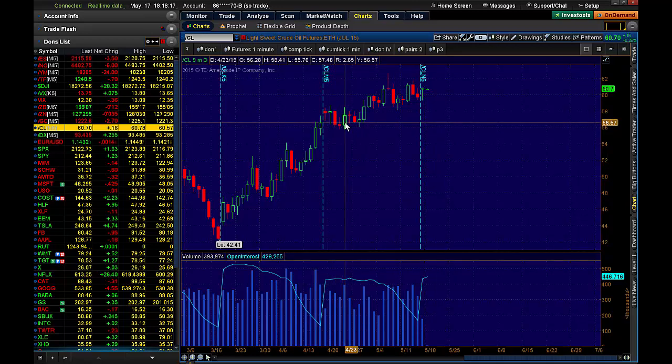The USO doesn't track oil perfectly, but it's a pretty good representation of oil, although if you hold the USO over the long duration, many, many months or even years, it's not going to do as good of a job tracking oil as one might have originally believed. So the 19 level in the USO corresponds to about the 56 level over here. Again, looking for oil to back off in the coming trading sessions.